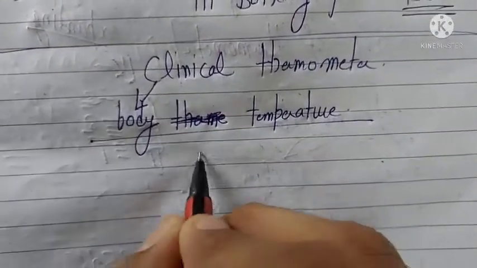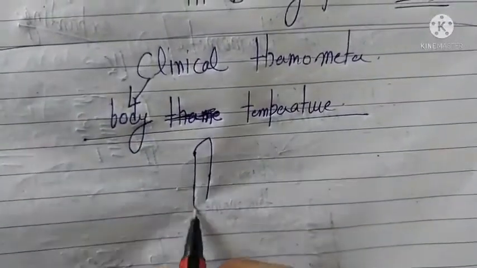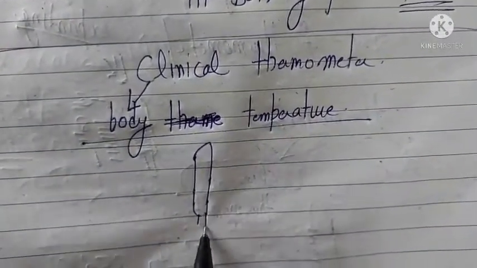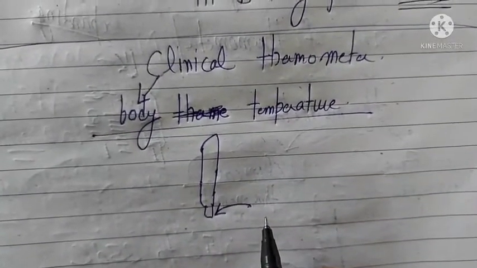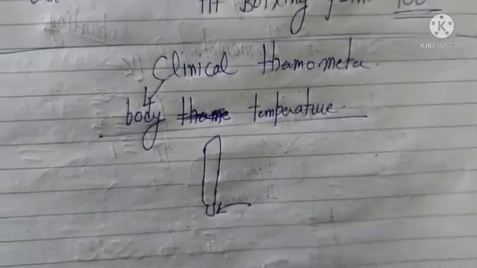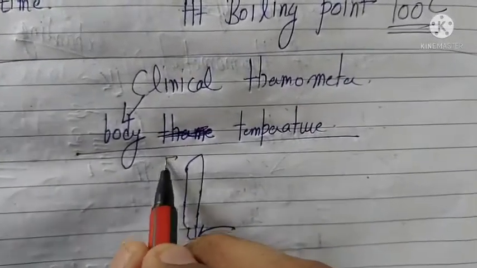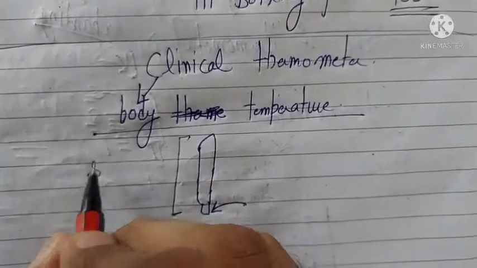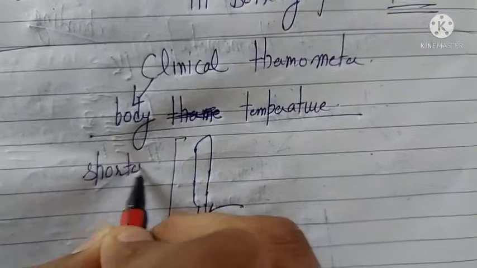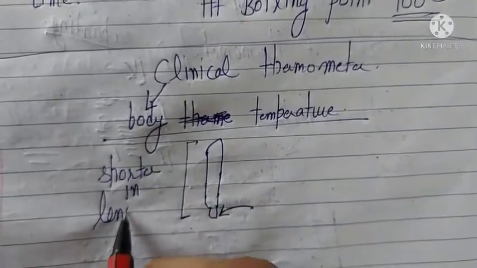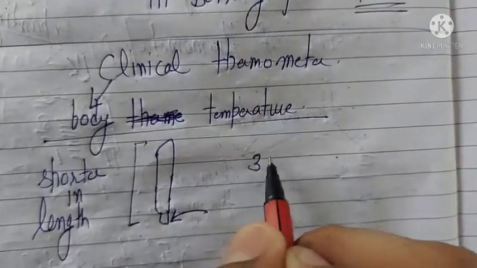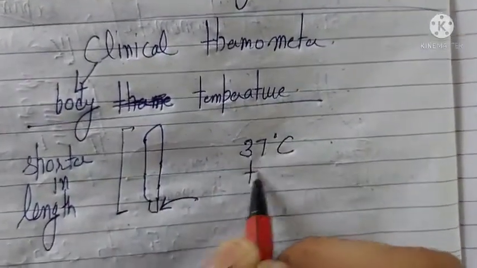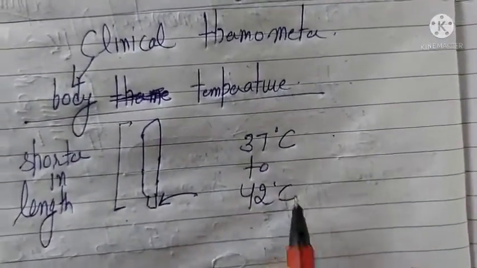What he does, he makes the bulb of this clinical thermometer contact your body. Either he is going to place this thermometer under your tongue, and it is also shorter in length. This thermometer is shorter in length, and its range is also lower. Its range starts from 37 degrees Celsius to 42 degrees Celsius.